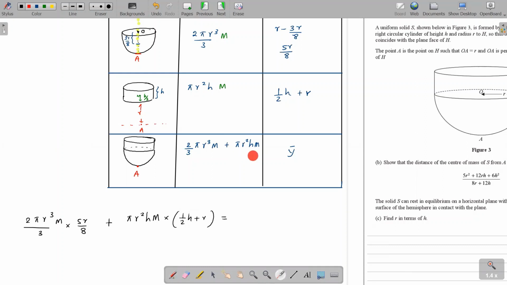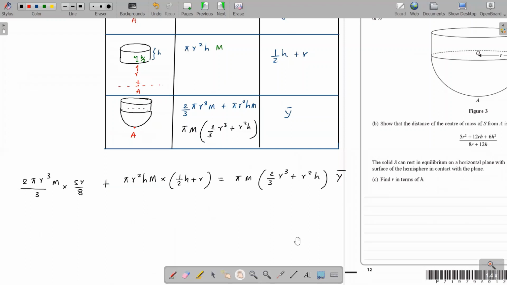Shall I take the common thing out? If you take the pi and m out, it's easy for us. 2/3 r cube, and you have r square h, right? So pi and m, I'm taking it out. I get 2/3 r cube plus r square h, the total mass, into y bar. Are you with me?